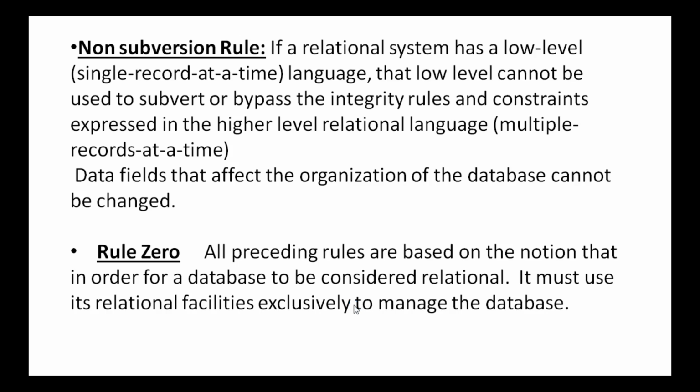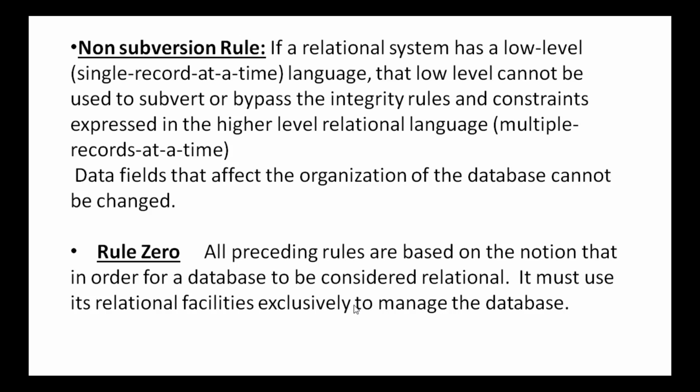Coming to the non-subversion rule. If a relational system has a low-level language, meaning a single record at a time, that low level cannot be used to bypass the integrity rules and constraints expressed in the higher-level relational language, that means multiple records at a time.